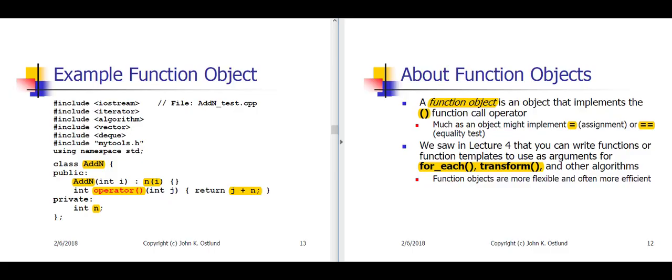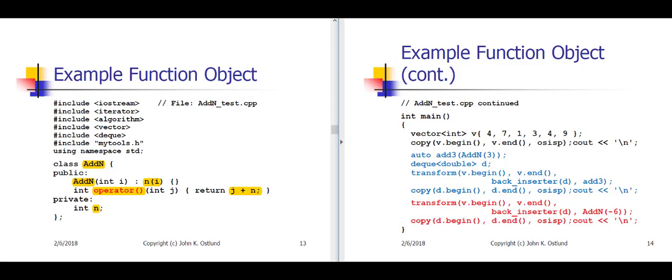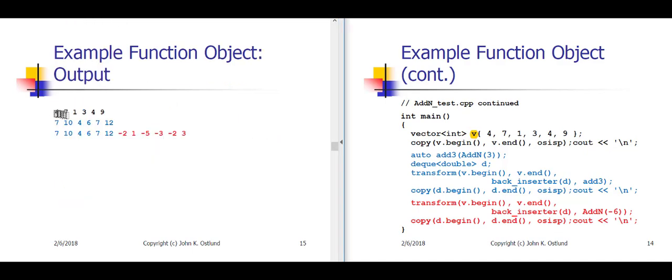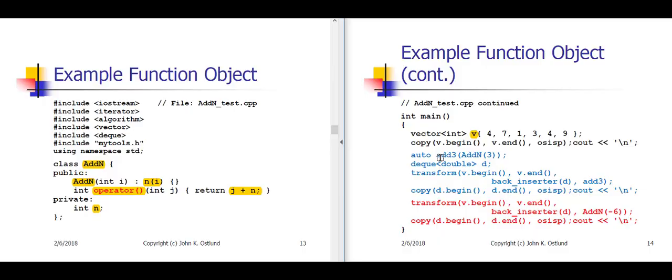Here on slide 14, we have an example program making use of the addN class. First, we have our vector of int v, initialized with 4, 7, 1, 3, 4, 9. We're using copy to display the values of v. The output is on slide 15. All right, so that first line of output is the contents of v. Then we are creating an object add3, which is an addN object with 3 as its initial value for n.